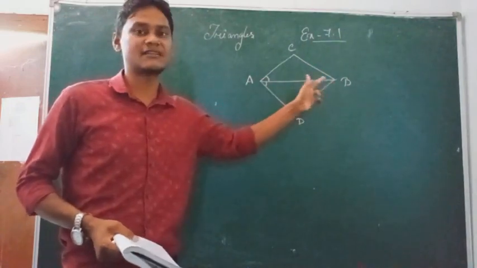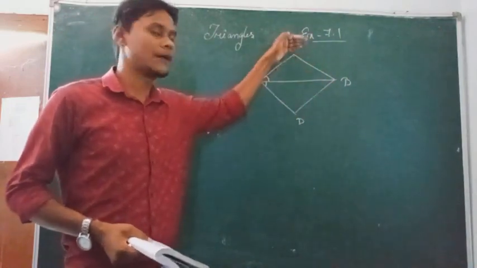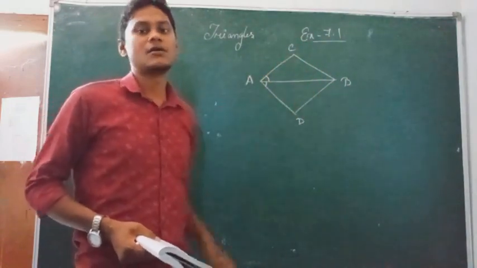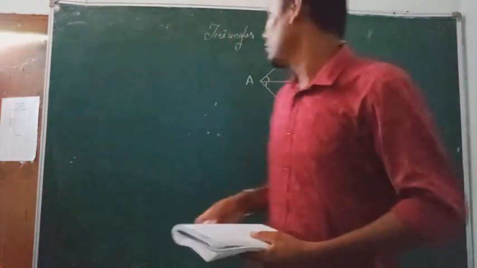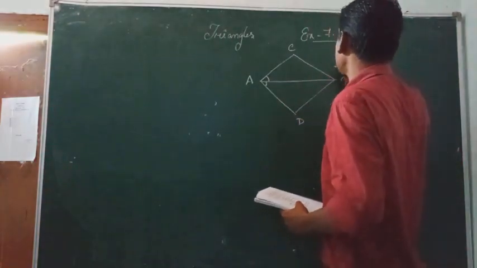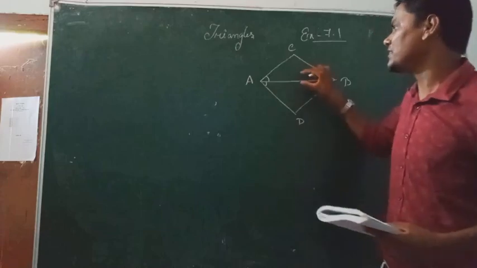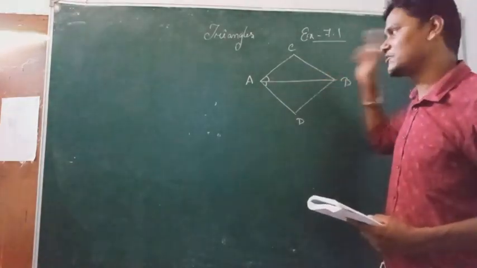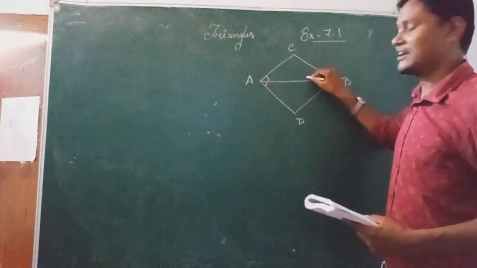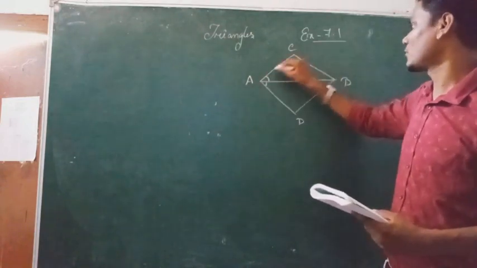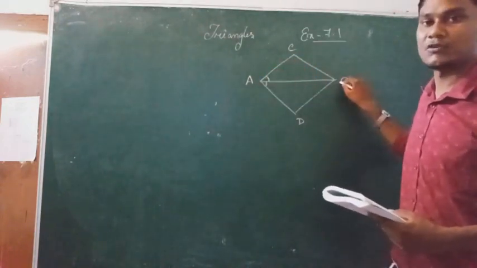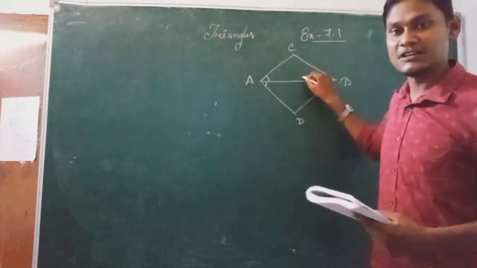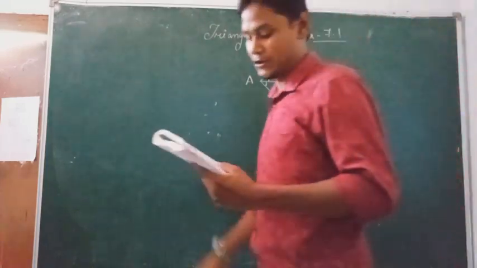This AB side is the common side for the upper triangle as well as the lower triangle. In congruence questions in triangles, if we observe this type of common thing, we have to identify it properly. Here, for both triangles, the AB side is common. We need to use it afterwards. You just see how I am going to use it.